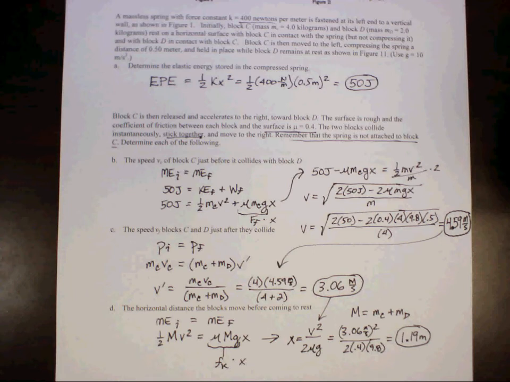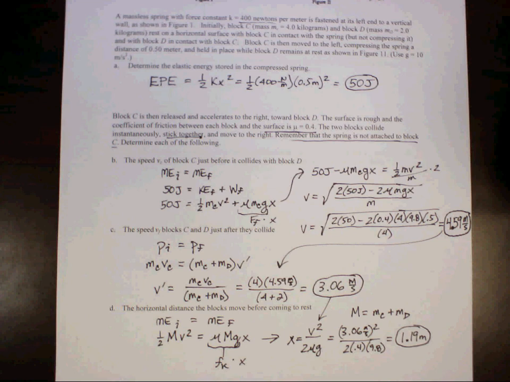I'm going to use a capital M here, representing the mass of C plus the mass of D together, because they're together, times v squared. The only energy on the other side of the formula is the work due to friction, which is mu, the total mass, g, times x. Again, that's the work due to friction, the force of kinetic friction times the distance they slide.